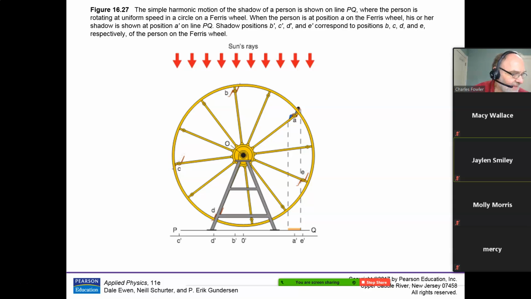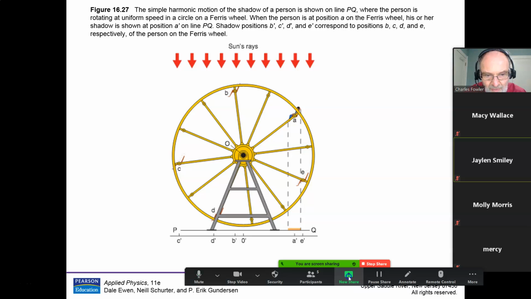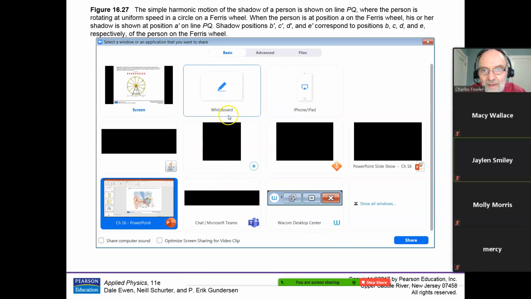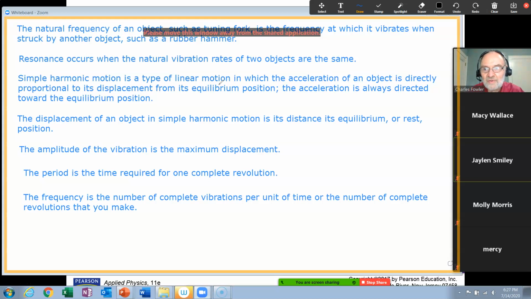Now, that's the last slide, but that's not the end of the story. So let's go back to the PowerPoint, to the whiteboard. Okay, and here's the formula you use.